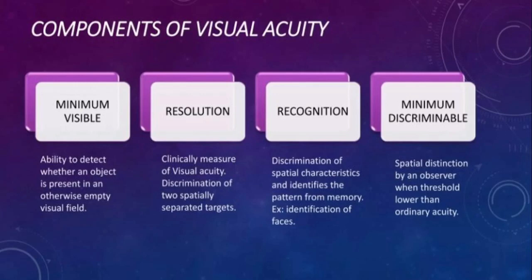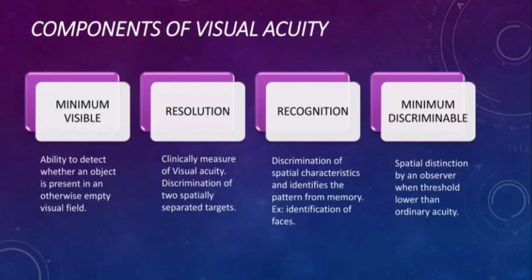Number 4, spatial resolution, the ability to distinguish fine details in a visual pattern. Number 5, contrast sensitivity, the ability to distinguish between shades of gray or differences in brightness.